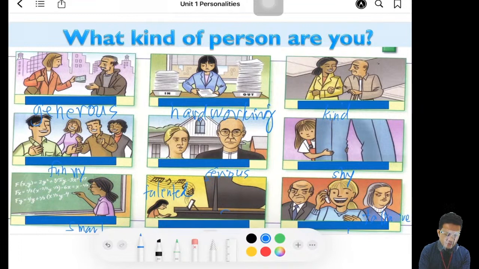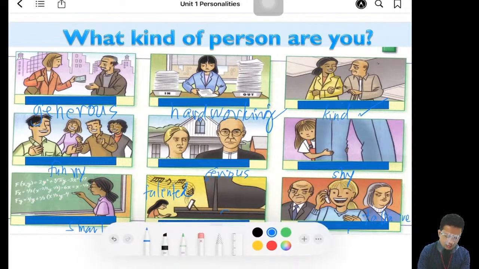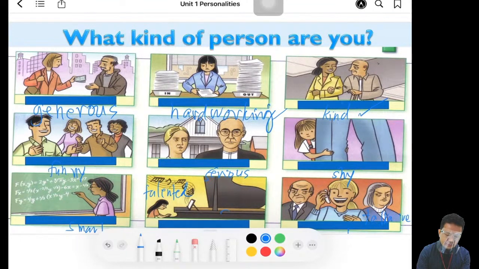Repeat after me. Generous, generous. This one is hardworking. Kind. Smart, talented. We have here serious, shy, and talkative. So these are the different personalities that you need to remember when you describe anybody or someone inside the classroom or at home or in the public places.